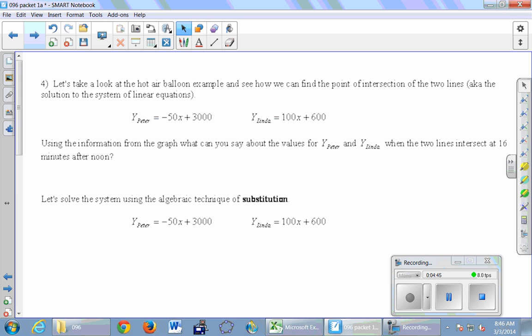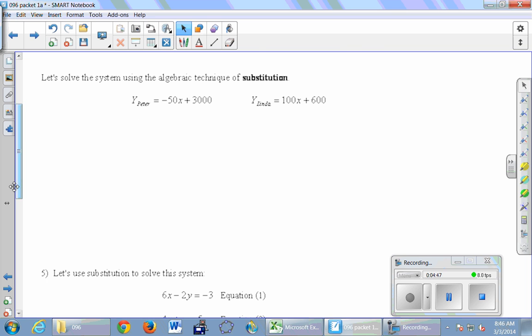So here's the basic idea. I'm going to cross off the words Peter and Linda temporarily. Usually you don't have them separated like that. They're just all y's. And if you think about the picture on the previous page, what's true about the y-coordinate for both Peter and Linda at that point of intersection?